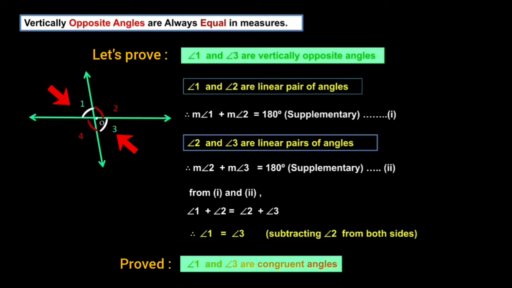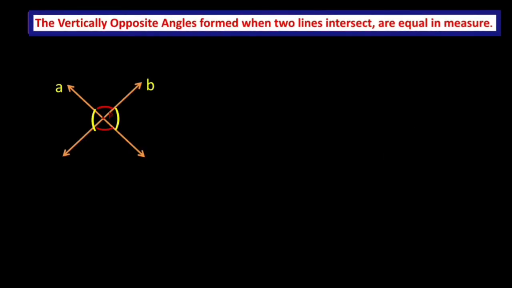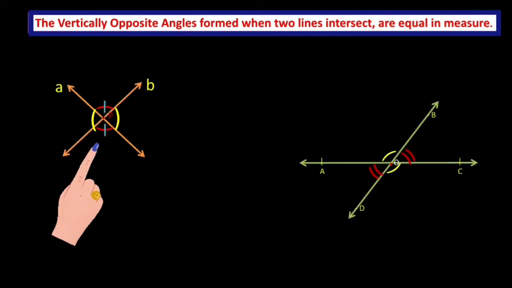Similarly, we can show that angle 2 and angle 4 are congruent angles. This way, we can prove mathematically the vertically opposite angles formed when two lines intersect are equal in measure. Let us see how do we denote equal angles in a figure. You can show identical lines on the angles.